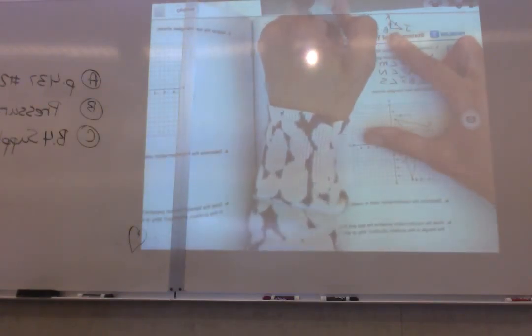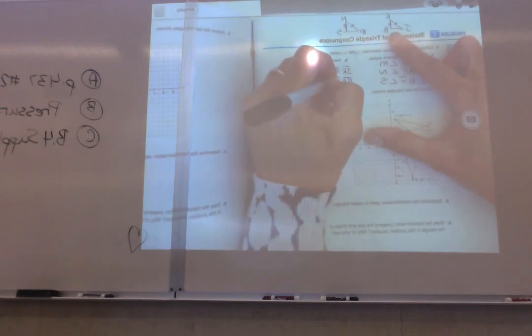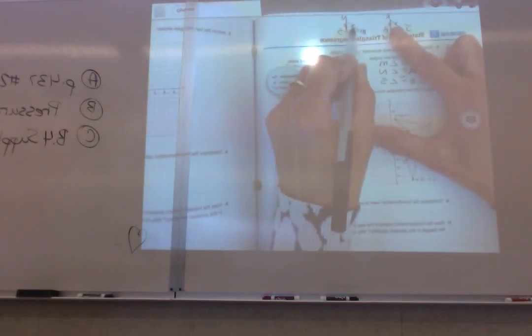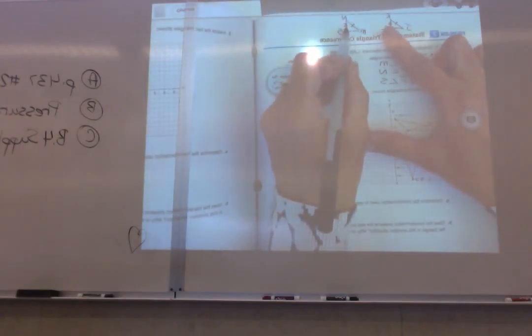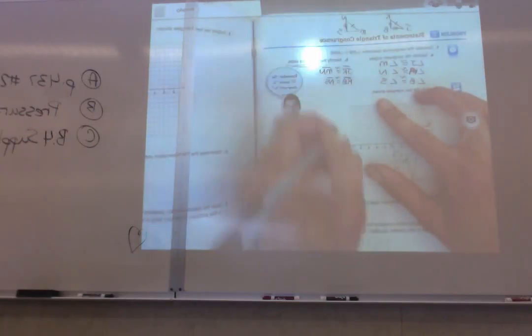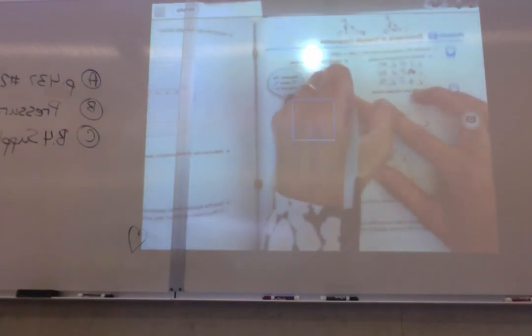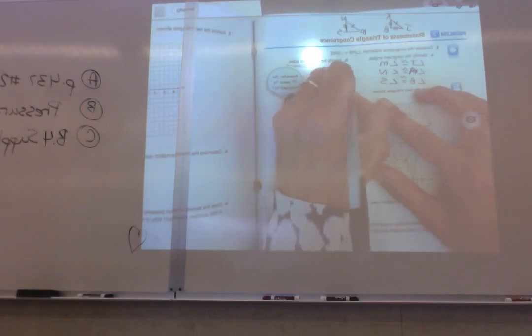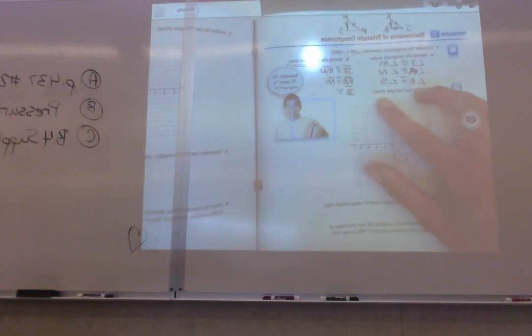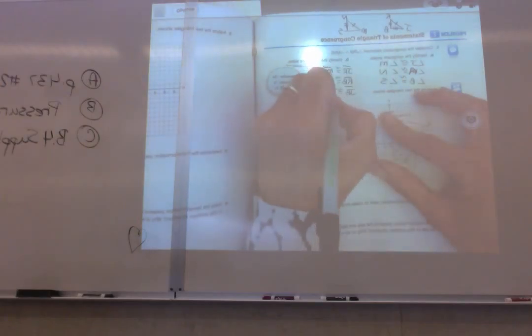NS. Okay. And I notice I used one mark matching one mark, 2 marks matching 2 marks. I'm going to put 1, 2, 3 here. That's JB. Who does it match on the other triangle?